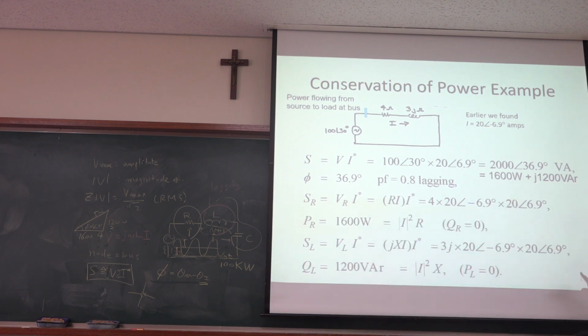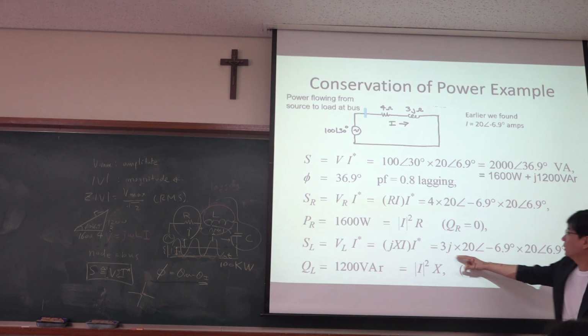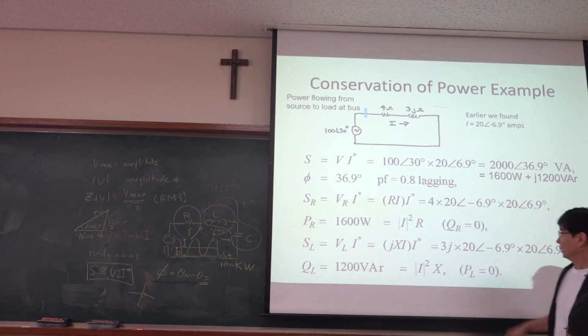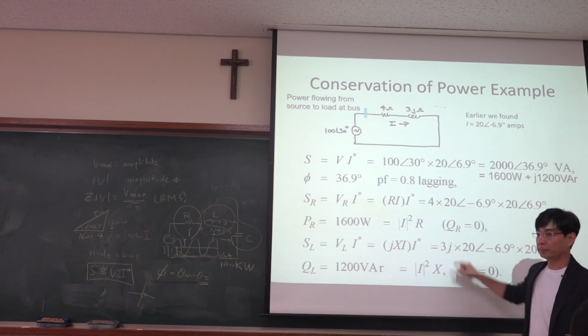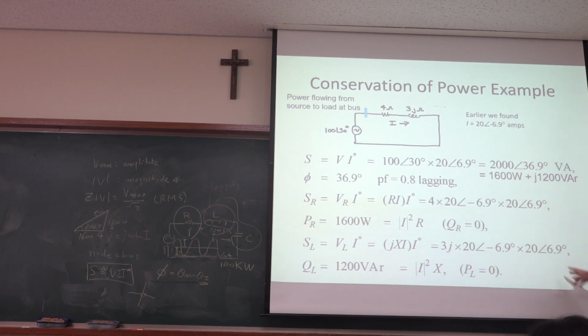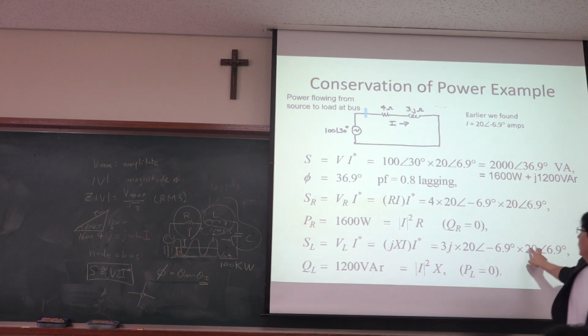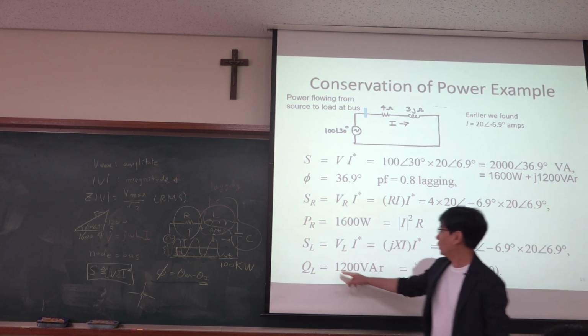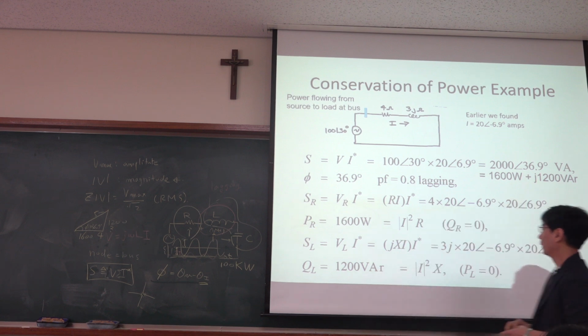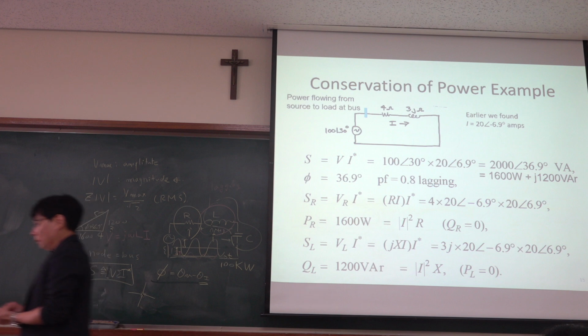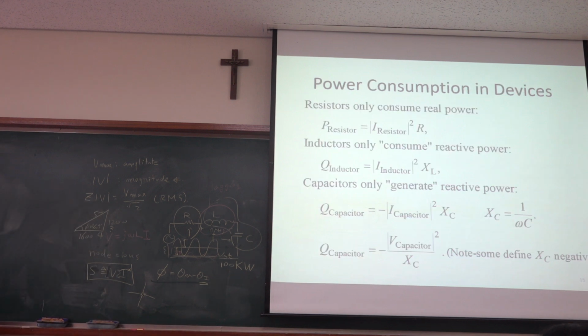So when you compute this, this is purely imaginary, right? Because we have j term here. And the magnitude is 2400, so 1200 var, and 0 active power component. Any questions?